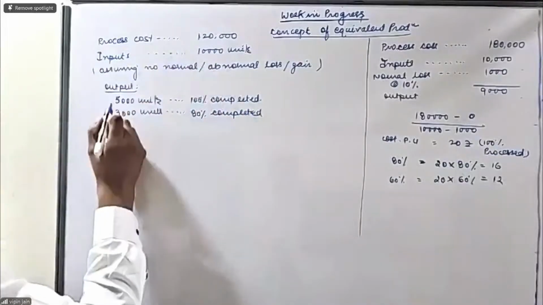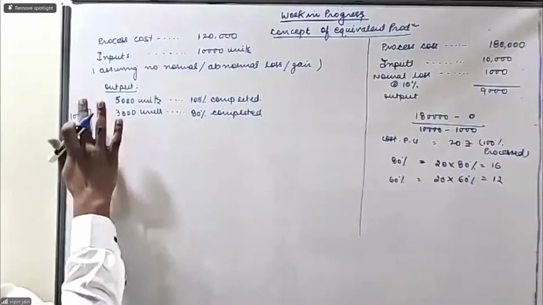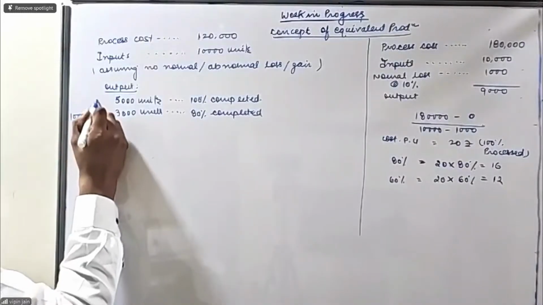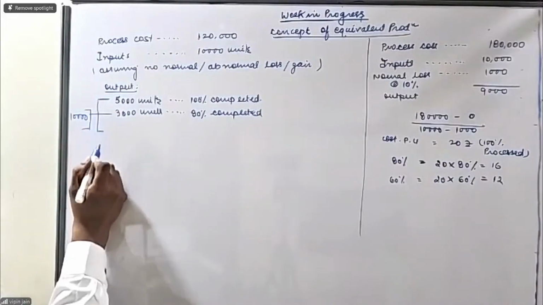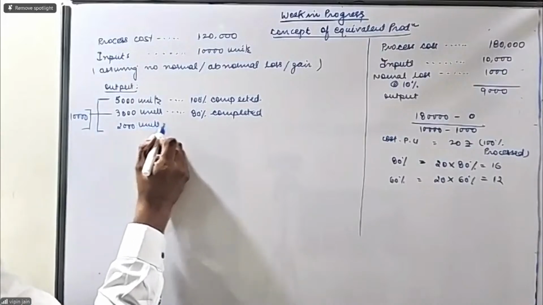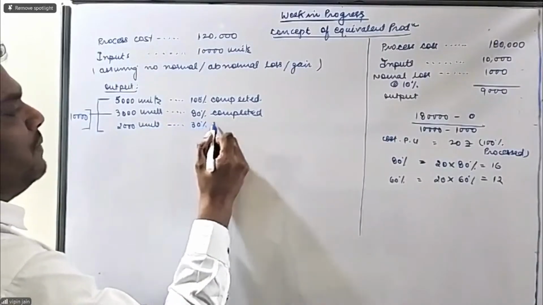So out of these 10,000 units, 5,000 units are 100% completed, 3,000 units are 80% complete, and the remaining 2,000 units are, let's say, 30% complete.